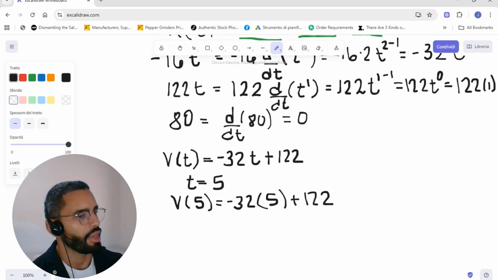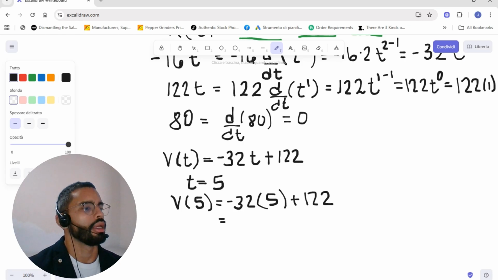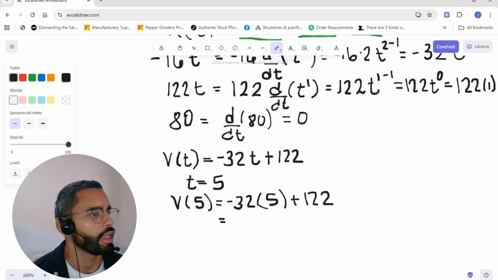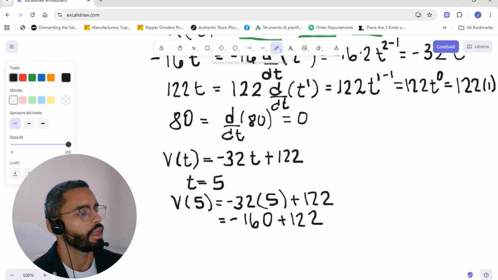Now we do the math, right? So we get negative 160 plus 122, correct?